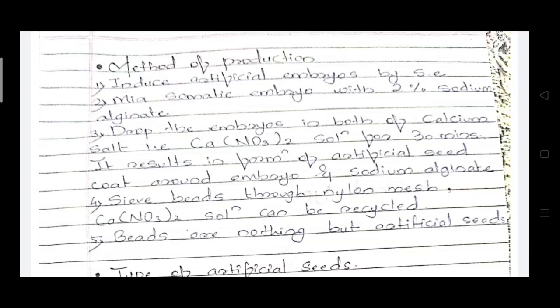Then these embryos are dropped into the calcium salt, and they stay there for up to 30 minutes. The sodium alginate and the calcium salt make the coating of these seeds, so we can form bead-like structures of these seeds.